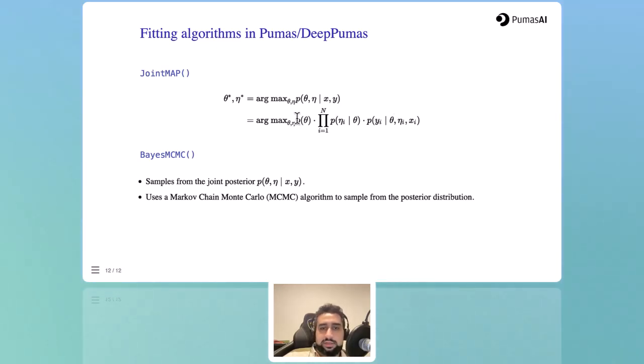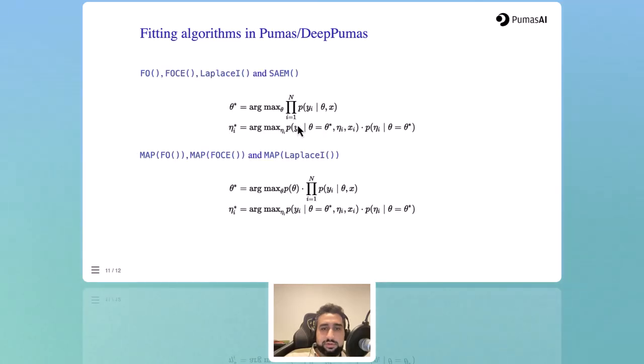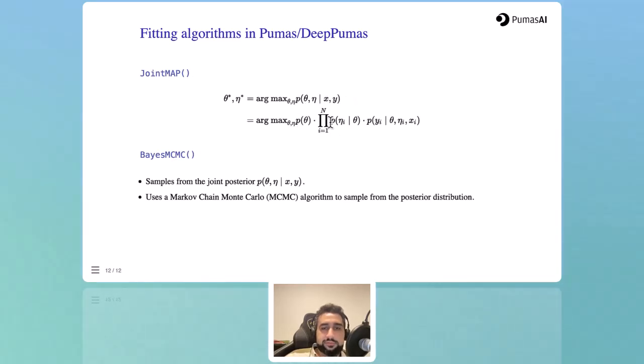But in any case, the difference here, as you can see, is the integral. Here we had the marginal likelihood, and that includes an integration, whereas in the second case, we don't have the integration. We directly maximize the product of the conditional likelihoods times also some regularization or prior on the random effects, but there is no integration happening here.